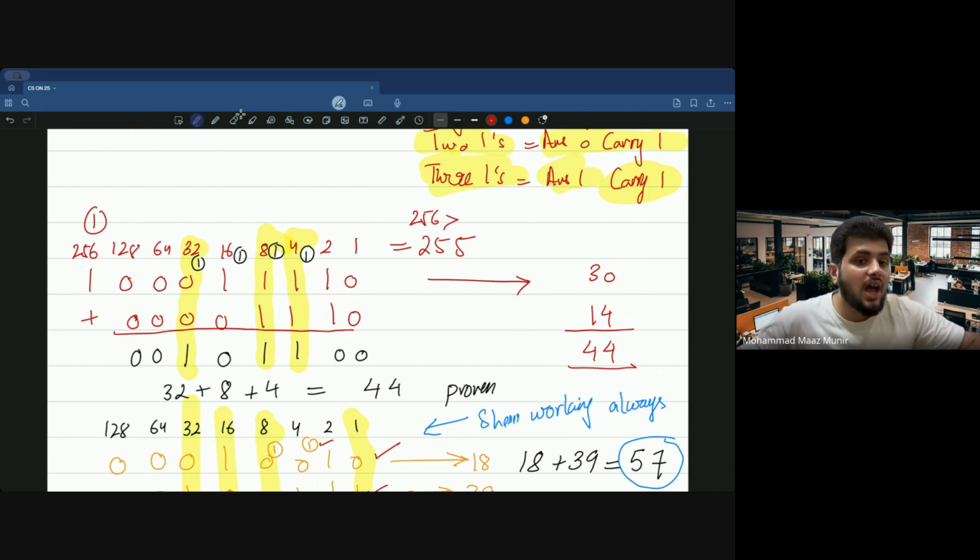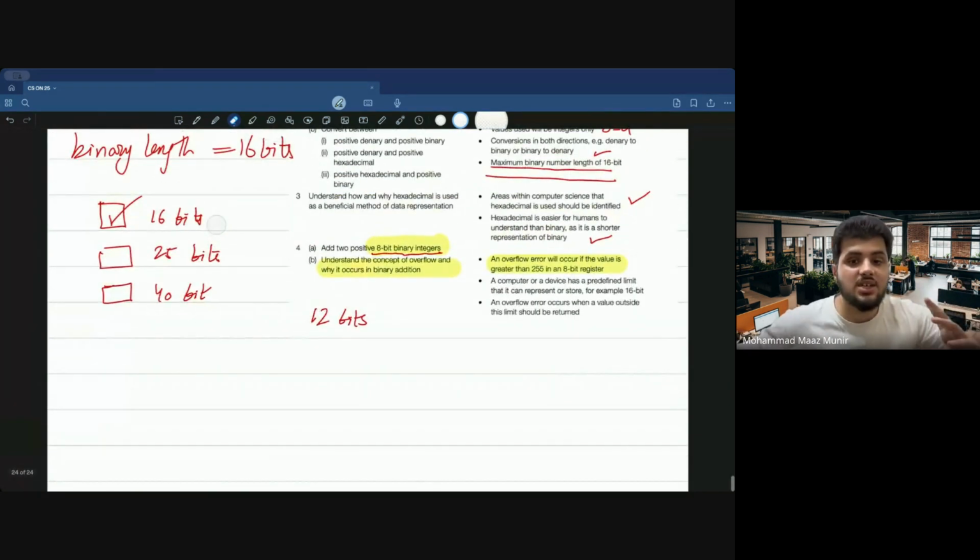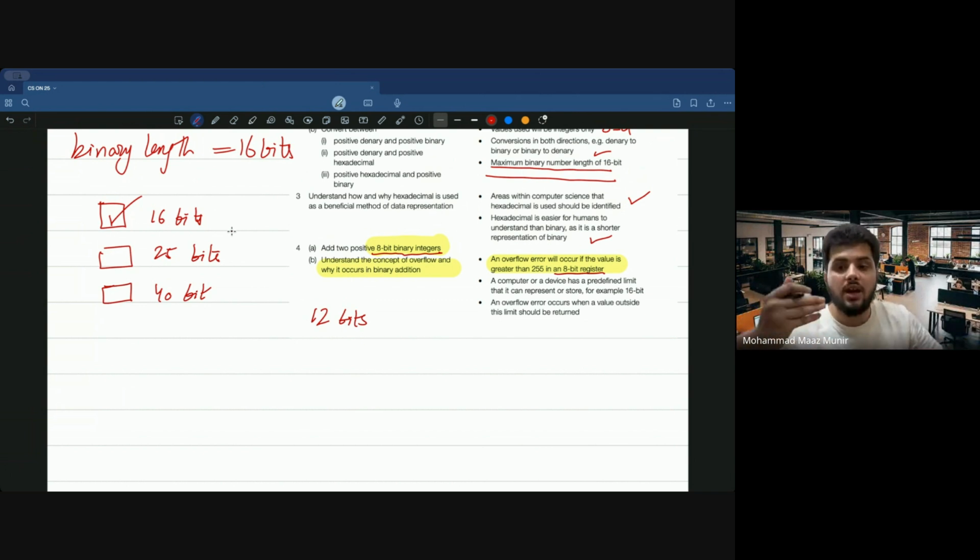But because we don't have a slot for that, it goes into the overflow section. So in the syllabus, it is mentioned that an overflow error will occur if the value is greater than 255 in an 8-bit register, which basically means that if it goes beyond the maximum capacity we have, an overflow error occurs. And why does that occur?